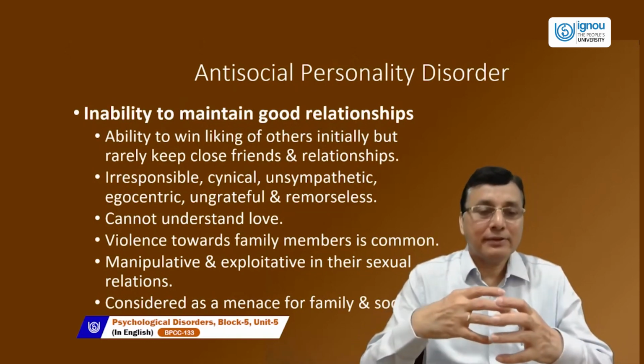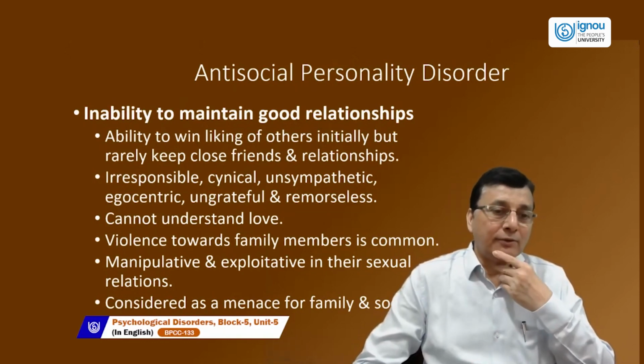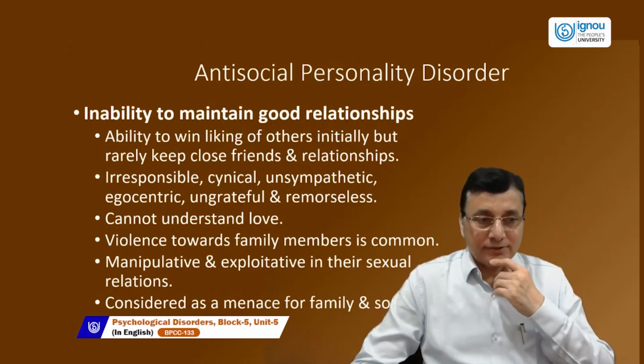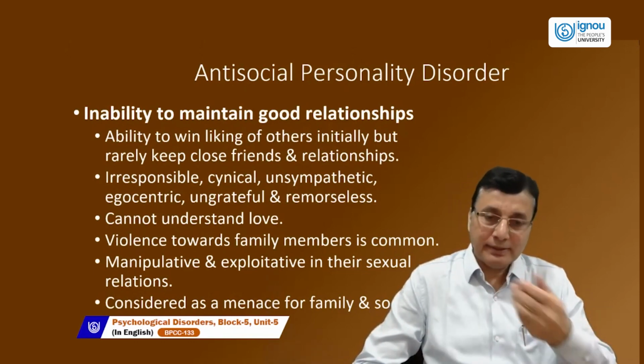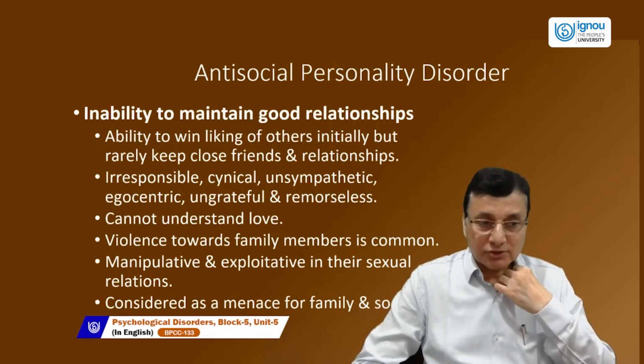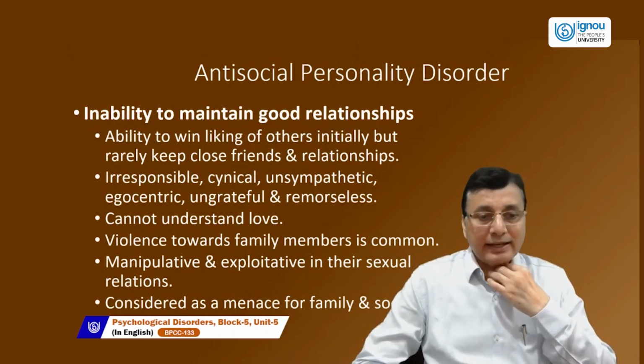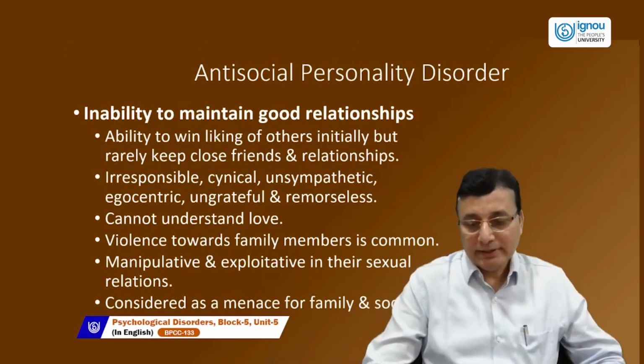That's why they break relationships very easily. Violence towards family members is common, and with partners also. Manipulative and exploitative in their sexual relationships, and considered a menace for family and society.